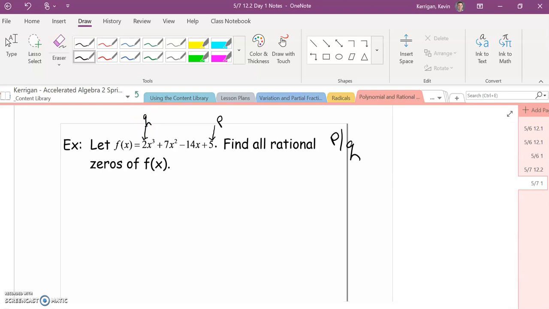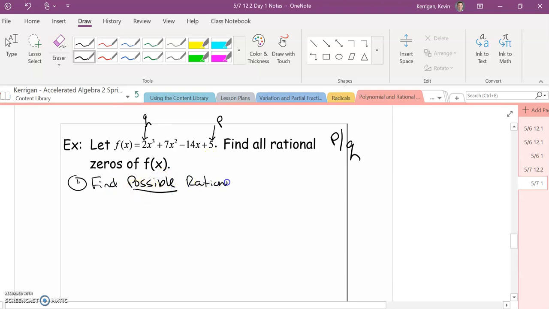All right? So the first thing I need to do is find what the possible rational zeros are. I need to list every single possible p over q, where p is an integer factor of the constant, and q is an integer factor of the leading coefficient. I need to list every single one of them.